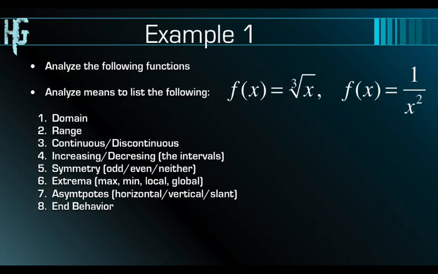Do we know what to do when I ask you for domain? There are a number of ways to do this. Can you think of any number that I can plug in and it would give me error or undefined for the cube root of x? Is there any number that will not work in this?